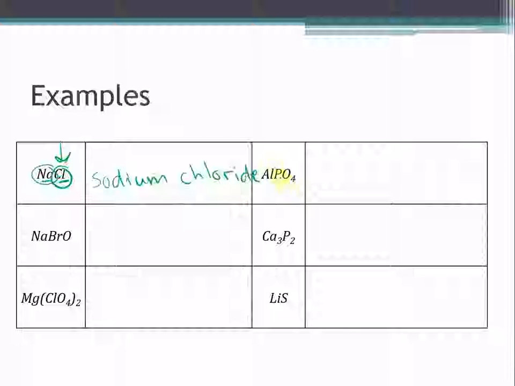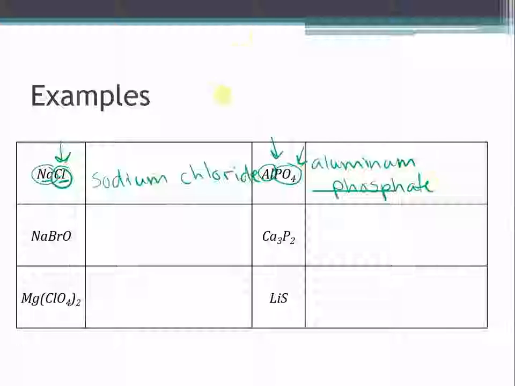All right, looking at our next one, we have AlPO4. Again, Al is a metal and PO4 is one of your polyatomic ions. So that is a pretty good sign that this is an ionic compound. So we will name the cation first. The cation is just a metal, it's just aluminum, so we will say aluminum. And then we will name the anion. The anion this time is one of our polyatomics. It is phosphate. And you might be thinking, but Miss Childs, phosphate is PO4 3-.